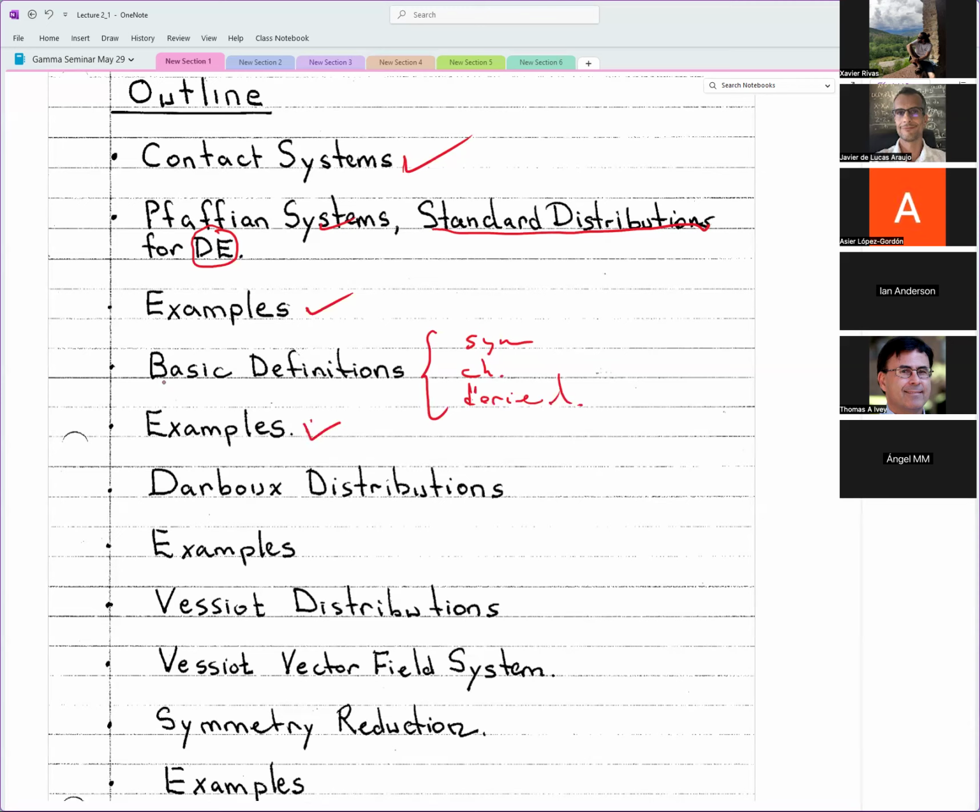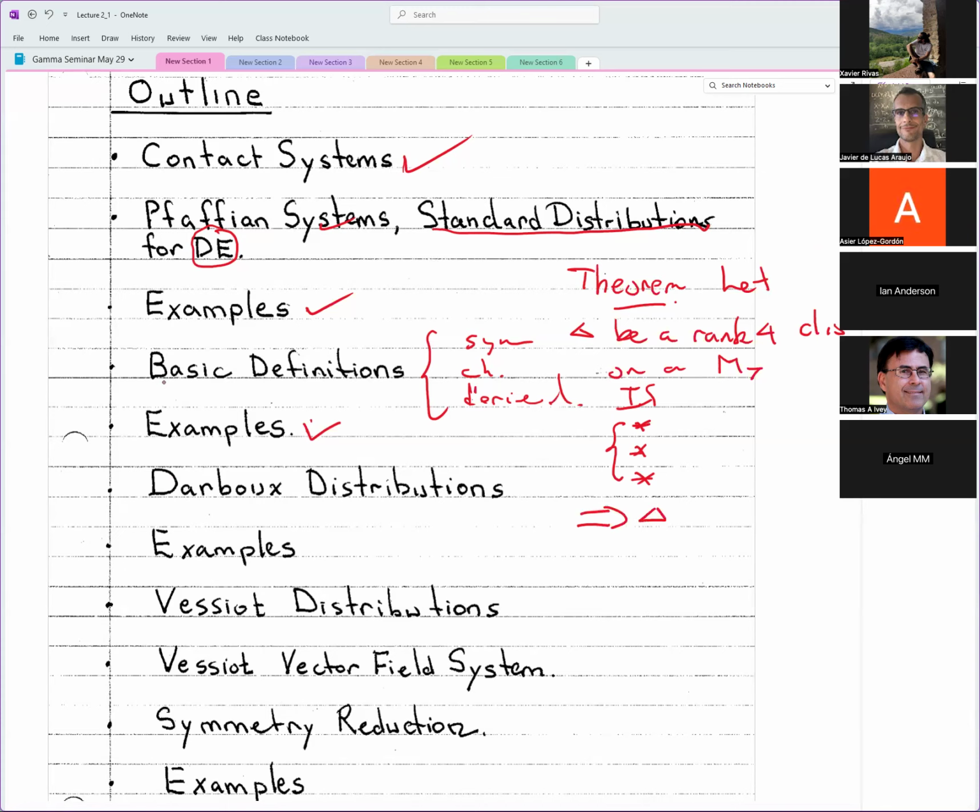I want to remind you of one theorem that we did last time, because it will come up again today. Theorem: let delta be a rank 4 distribution on a 7-dimensional manifold, if three things are true. These are statements about the derived flag of delta and its Cauchy characteristics.